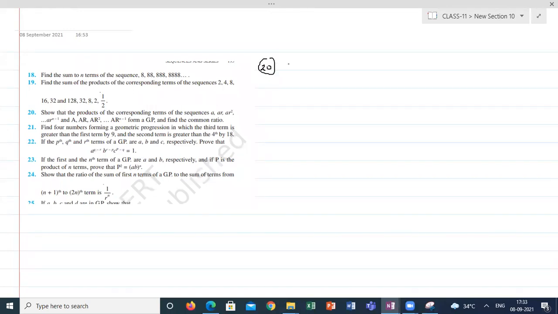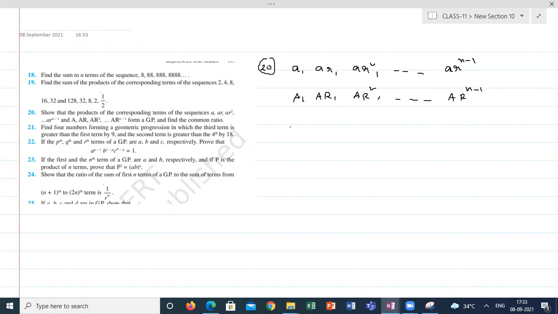Question number 20 is almost the same as the previous question. Only difference is they didn't give any values here.